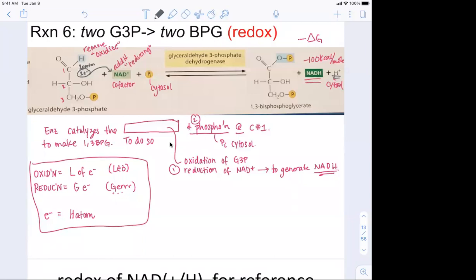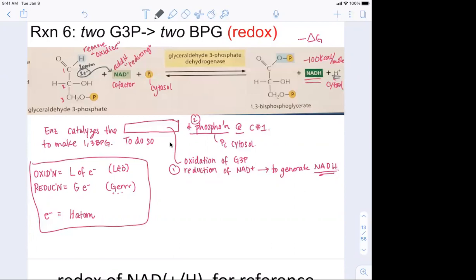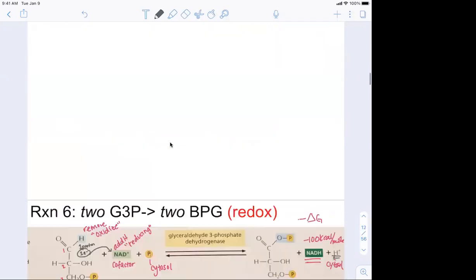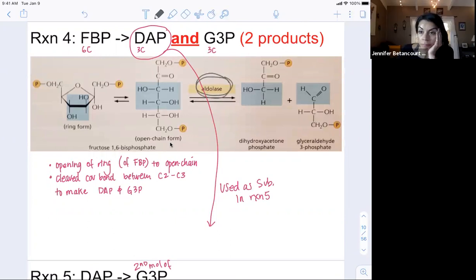Okay. All right, Ashley. Hi, my question relates back to either reaction 4 or reaction 2. When the substrate is modified in between the ring form and the open chain form, is there an enzyme that's required to make that happen? Yep, the enzyme here.